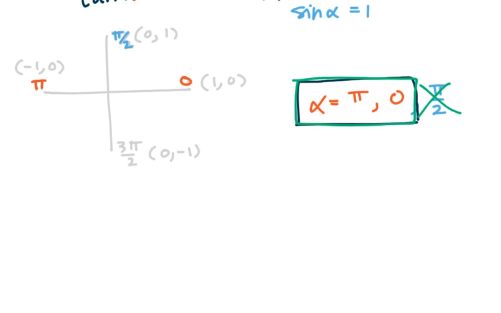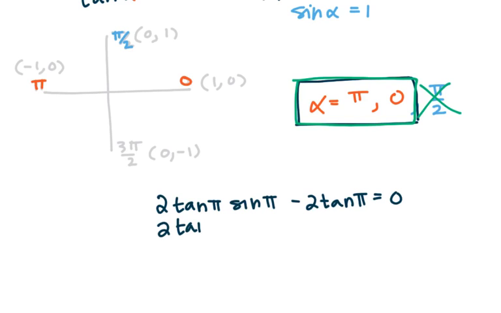And again, if you wanted to check these answers, which I encourage you to do, you could say 2 tangent pi times sine of pi minus 2 tangent pi, check that equal to 0. 2 tangent 0 times sine of 0 minus 2 tangent 0 equals 0. And if you check pi over 2, you'll get an untrue statement.